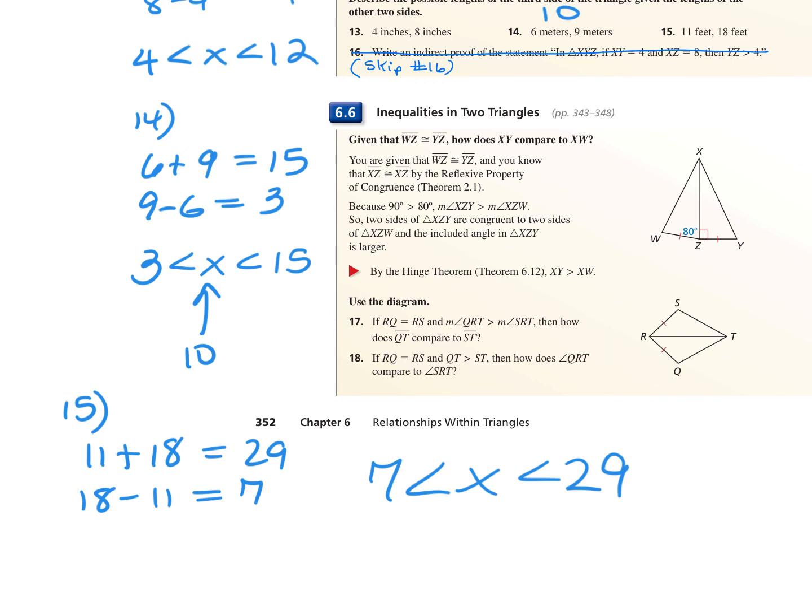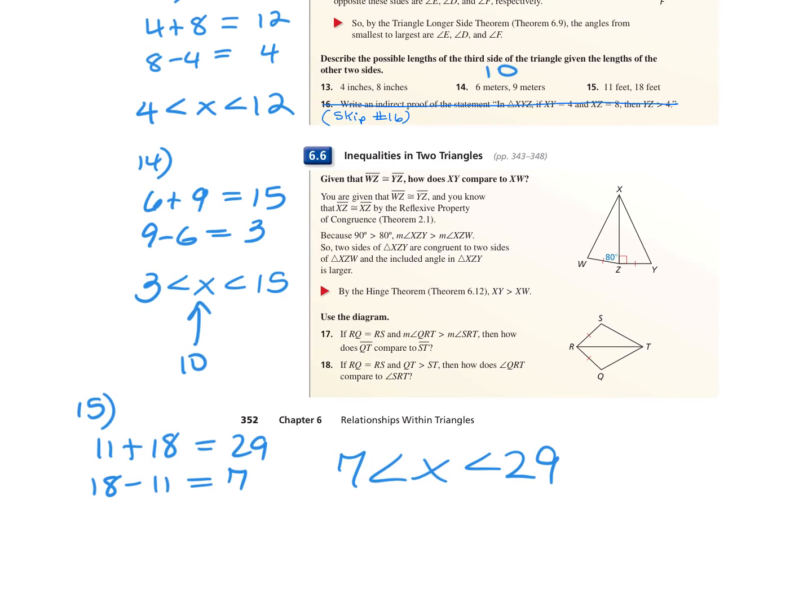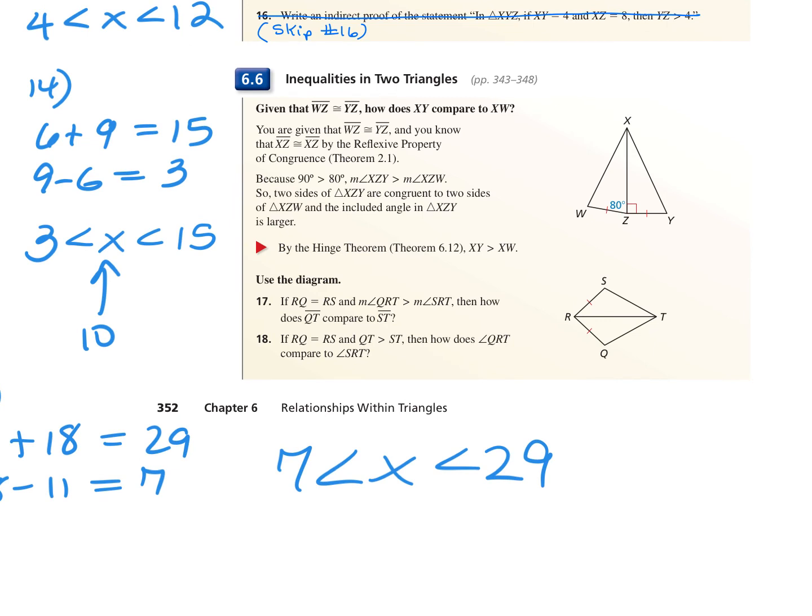And then the last two questions, all you're doing is comparing the side lengths like we just did in the warm-up. So here, we're using our hinge theorem. So we know that we're comparing this angle here and this angle right here.